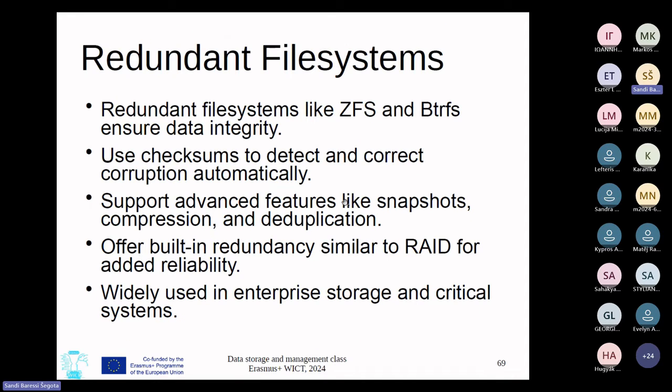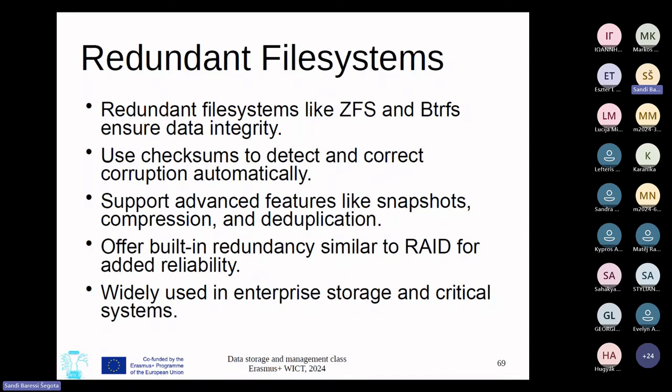And finally, as I mentioned in the introduction, there are some file systems, such as ZFS or BTRFS, which is commonly pronounced ButterFS, like the butter that you spread on the bread.